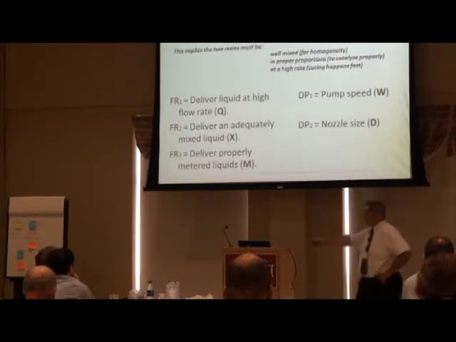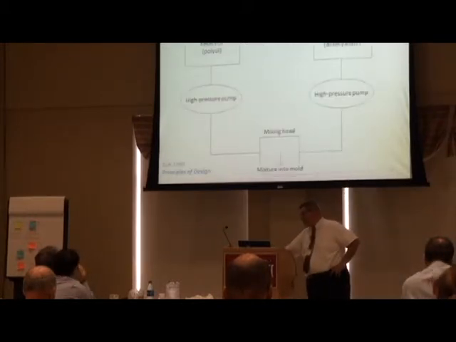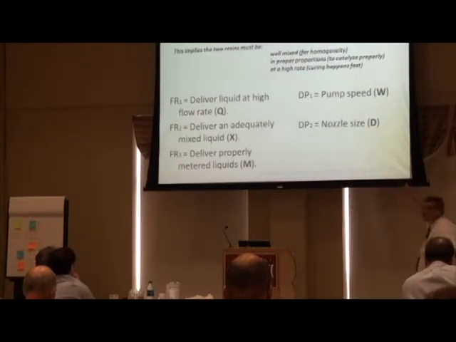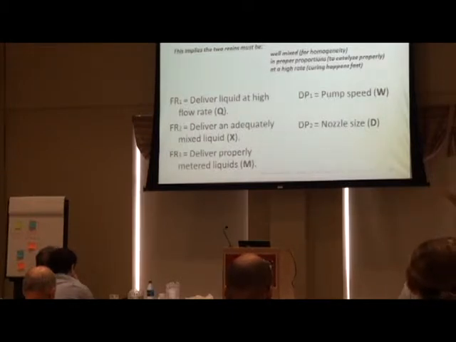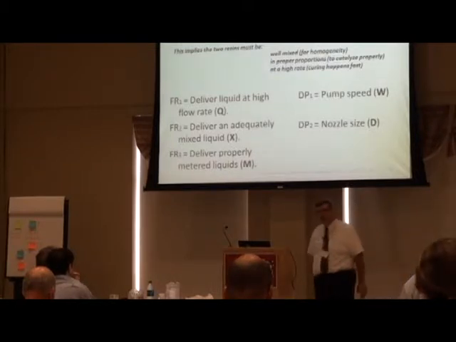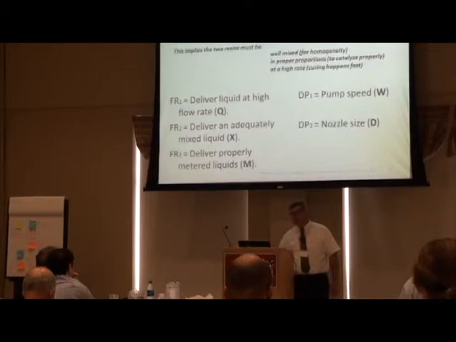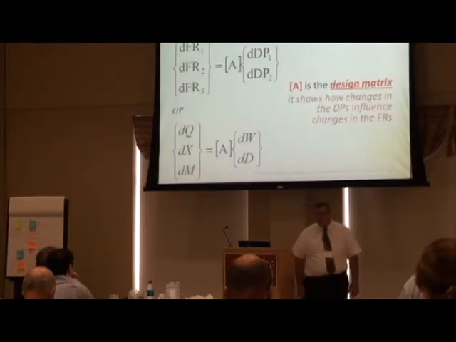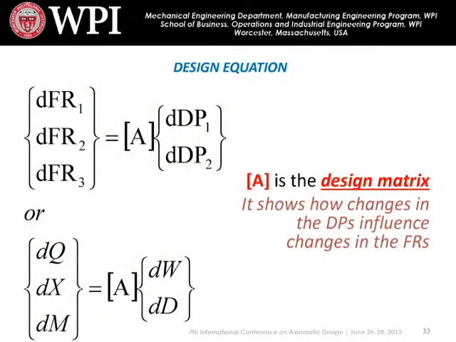The way the original machine was set up that was analyzed, we could control the pump speed, which gave us our pressure in the system, and the nozzle size, which also affected pressure in the system. Those are the two things that the plastic injection molding people are able to control. And so this is what the design equation looks like. A is the design matrix, which shows the relationship between the DPs and the FRs.